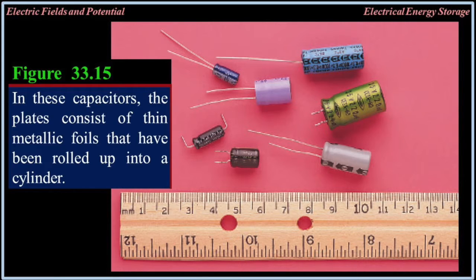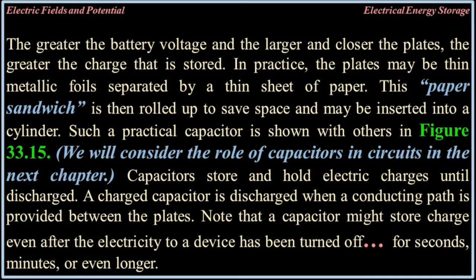Capacitors store and hold electric charges until discharged. A charged capacitor is discharged when a conducting path is provided between the plates. Note that a capacitor might store charge even after the electricity to a device has been turned off for seconds, minutes, or even longer.